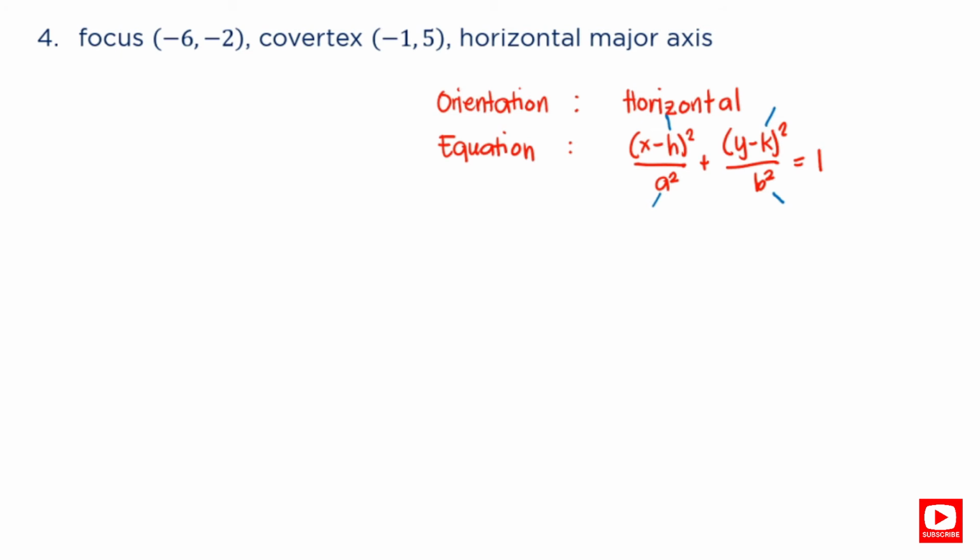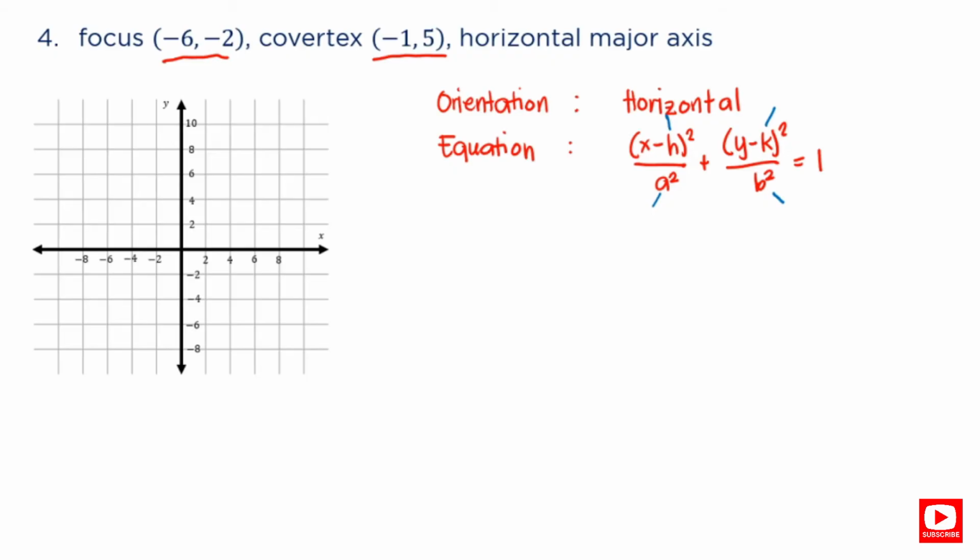Now, to know the values of h, k, or the center, we will first plot the points on the Cartesian plane. This focus at -6, -2 and this co-vertex at -1, 5, so we can easily identify through the graph the coordinates of the center.